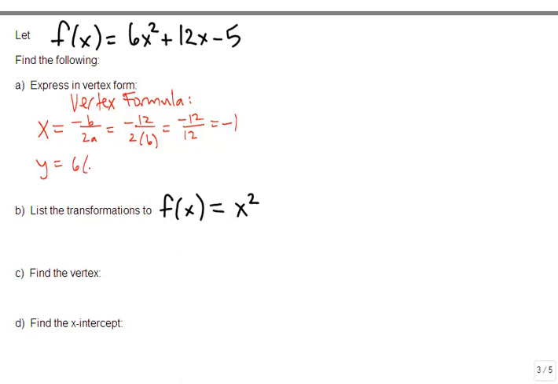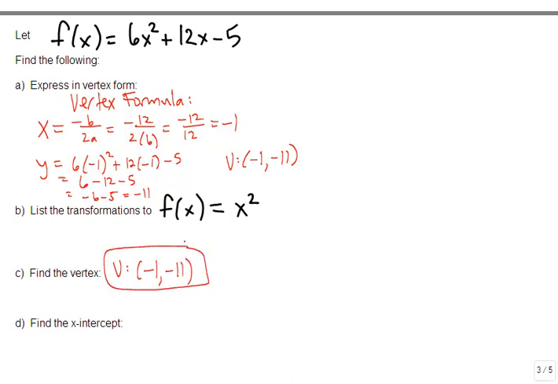So 6 parentheses negative 1 squared plus 12 parentheses negative 1 minus 5. So that's 6 times 1 is 6, minus 12 minus 5, and that's negative 6 minus 5, or negative 11. So my vertex is at negative 1 for x, negative 11 for y. And I'm going to go ahead and put that down here as well, since we need to know that.